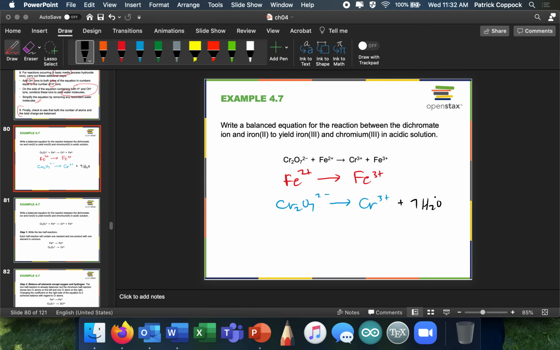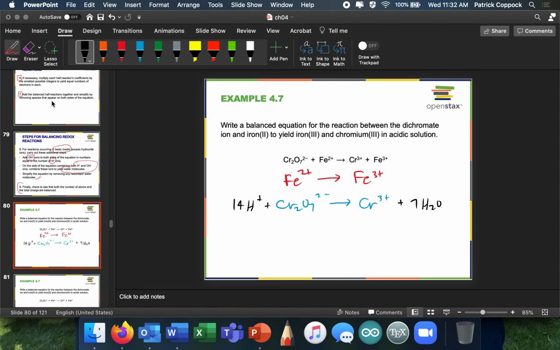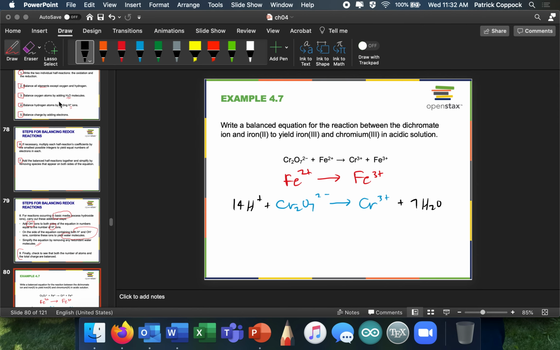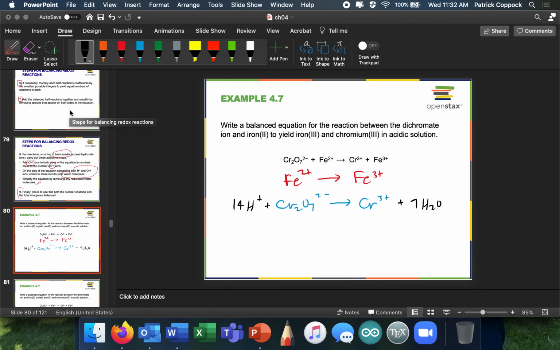So now I add H pluses, and it looks like there's 14. So it's going to be 14 H plus. Can you see that? That's 14 hydrogens. I had the 14 hydrogens over here. Now, go back up here. I think the next step then is to add the electrons. Yes, it is. So there's +2 here and +3 here.